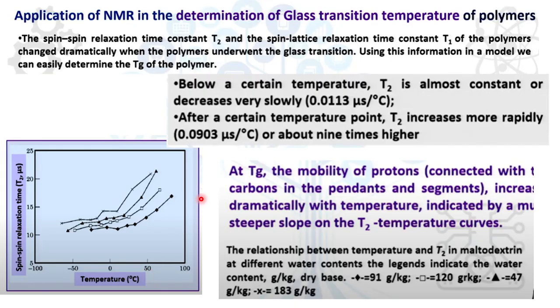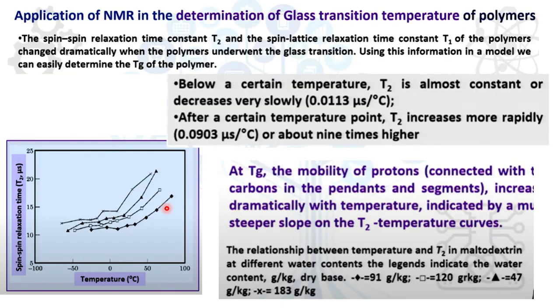Below a certain temperature, T2 is almost constant or decreases very slowly, and after a certain point, T2 increases more rapidly. Now at Tg, the mobility of protons that is connected with the carbon atoms in the pendant group, that is the segment, increases dramatically with temperature, indicated by a stiffer slope of this graph.